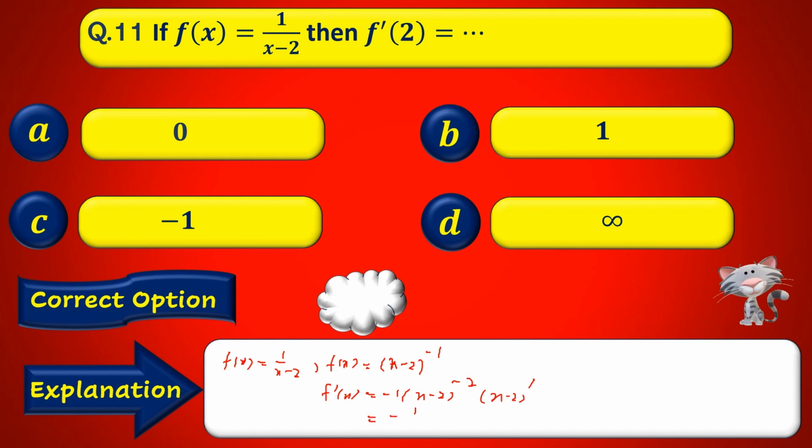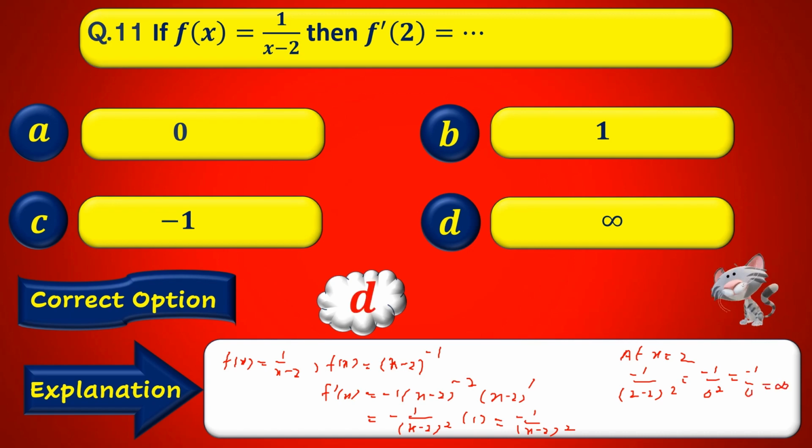So it becomes minus 1 over (x-2) whole square into 1, which is minus 1 over (x-2) whole square. But we find its derivative at x equal to 2. So it becomes minus 1 over (2-2) whole square, which is minus 1 over 0, and that is undefined. So the correct option is option D.